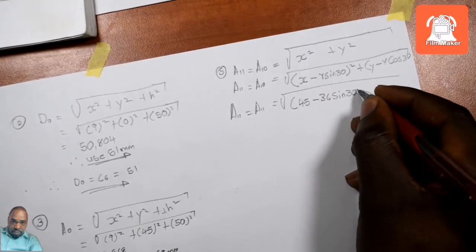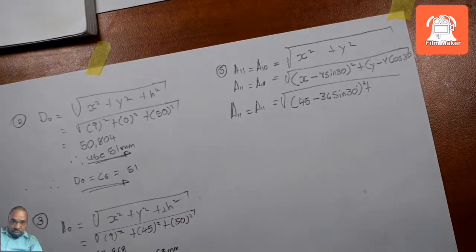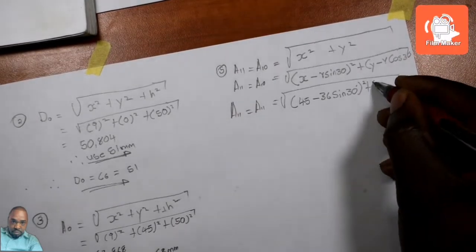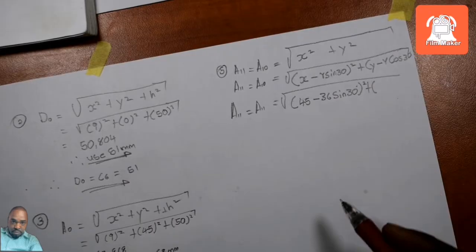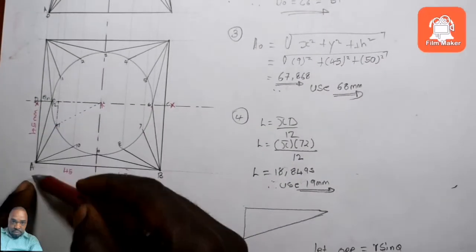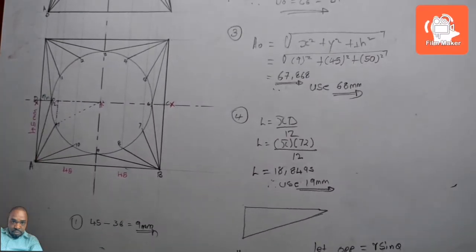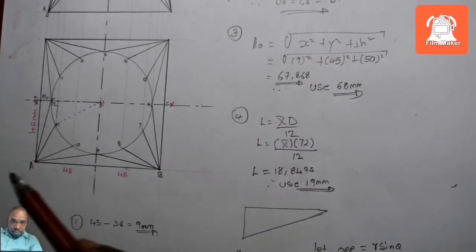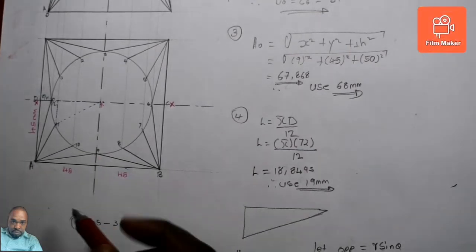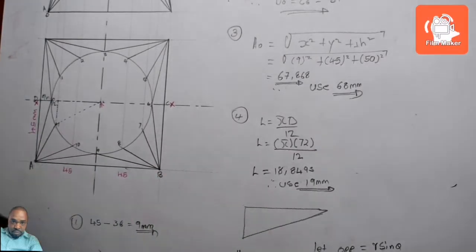30 degrees square root plus, so my y, so go back to your top view, my y now vertical axis. So this 45 is different compared to this one. You understand? I would like to say it like that because in some other cases it won't be the same. In this case, it seems to be this 45 is still the same, but when we are now analyzing, it's not the same.